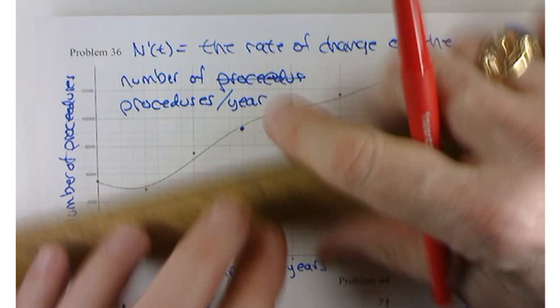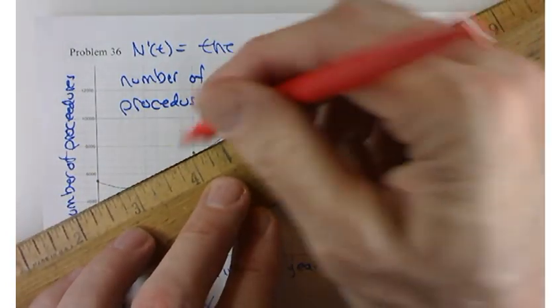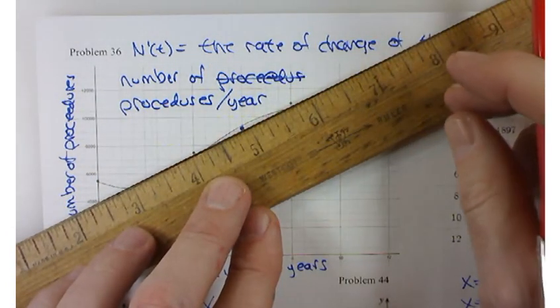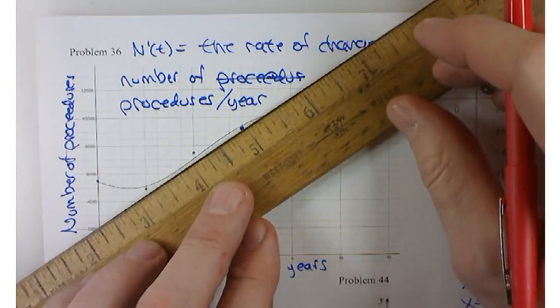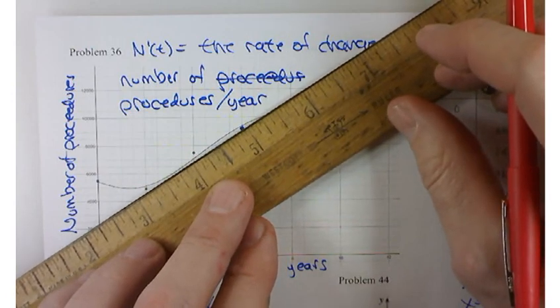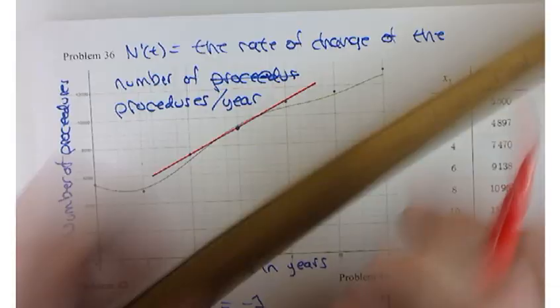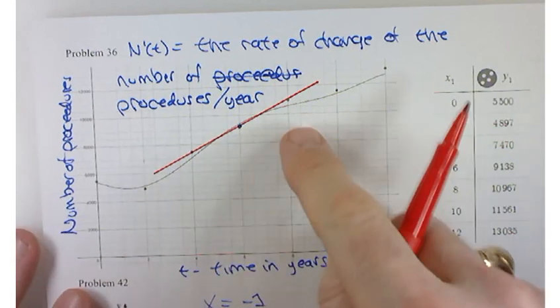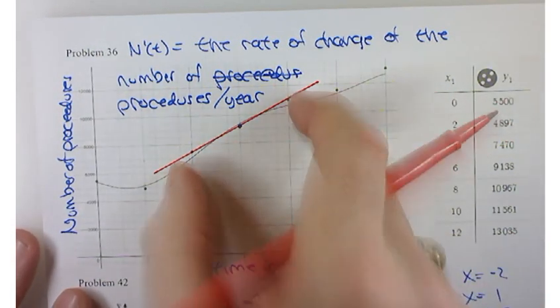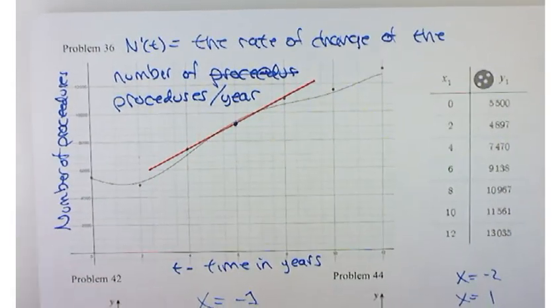You could find the slope of a line between these 2 points, 2004 and 2006, or between 2006 and 2008. I actually wouldn't mind doing it this way, between 2004 and 2008. It looks like it's a reasonable approximation.